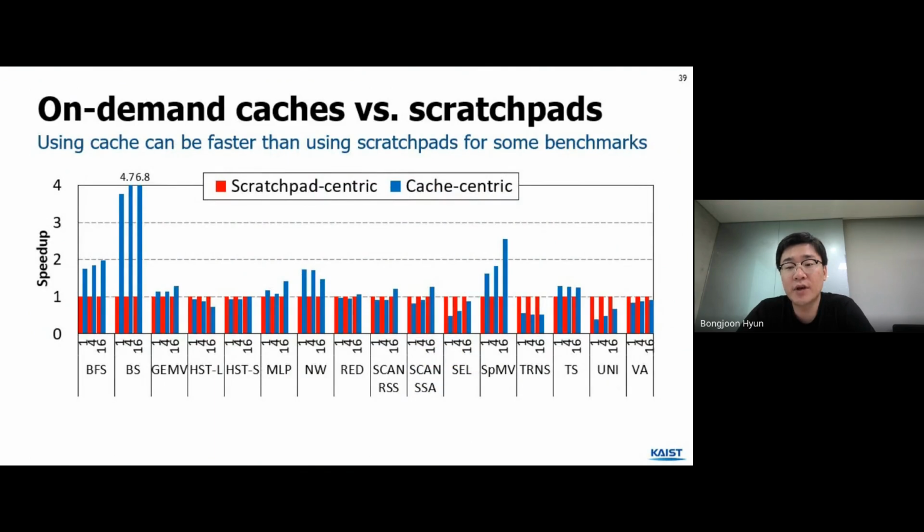In this figure, we compare the performance of UPMEM-PIM using only scratchpad, colored in red, and UPMEM-PIM using only caches, colored in blue. The y-axis shows the speedup when the performance of the scratchpad-centric design is normalized to 1. Our results show that some benchmarks are faster with caches, while other benchmarks are faster with scratchpads, which is expected.